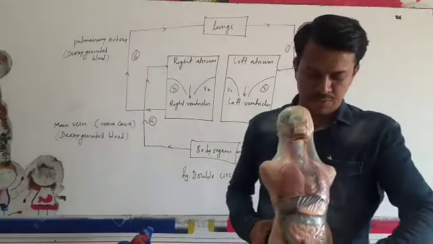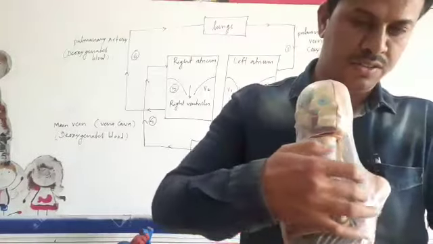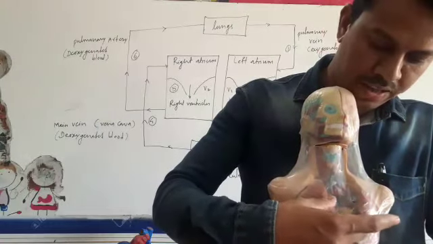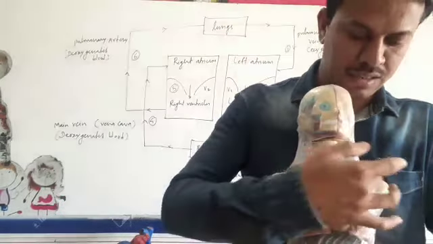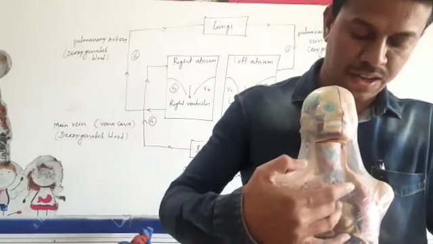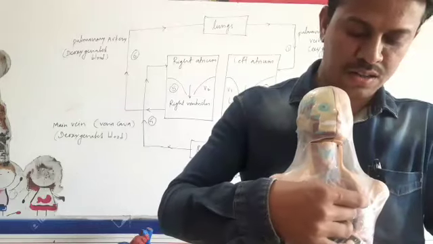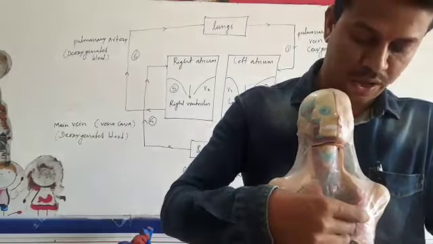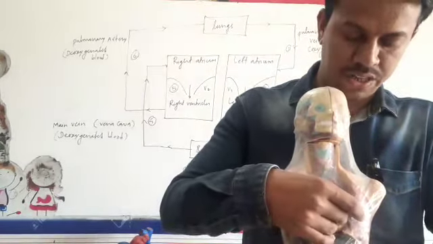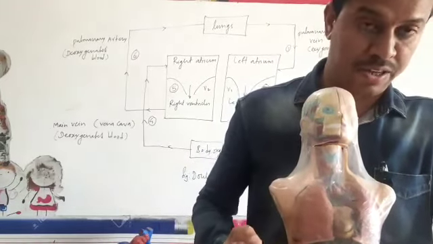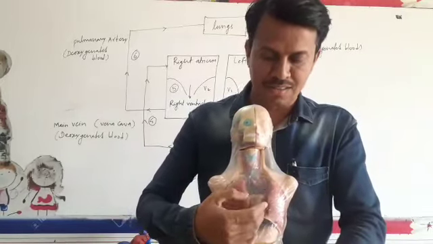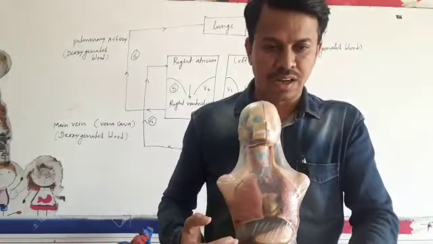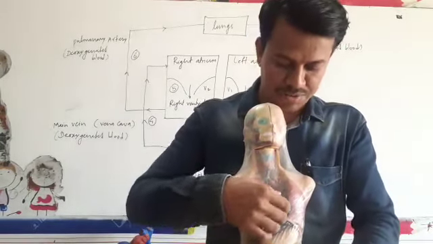See here carefully, these are the two lungs. The lungs are located in the thoracic cavity, and at the center of these two lungs the heart is located. At the base, the heart is a little inclined towards the left side.